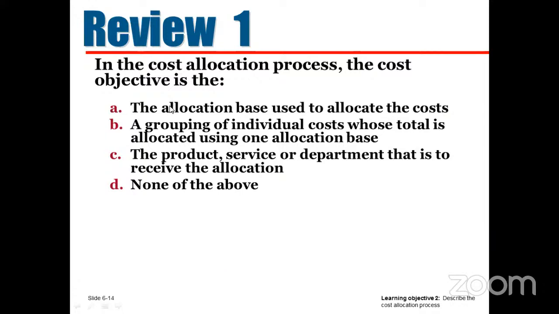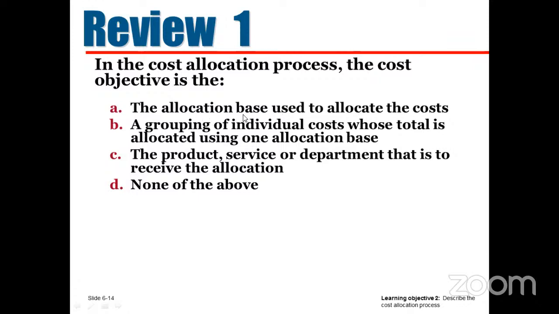In the cost allocation process, the cost objective is: the allocation base used to allocate the cost; a grouping of individual costs whose total is allocated using one allocation base; the product, service, or department that is to receive the allocation; none of the above. Okay, an example, I explain again. The allocation base used to allocate the cost, which is not right.